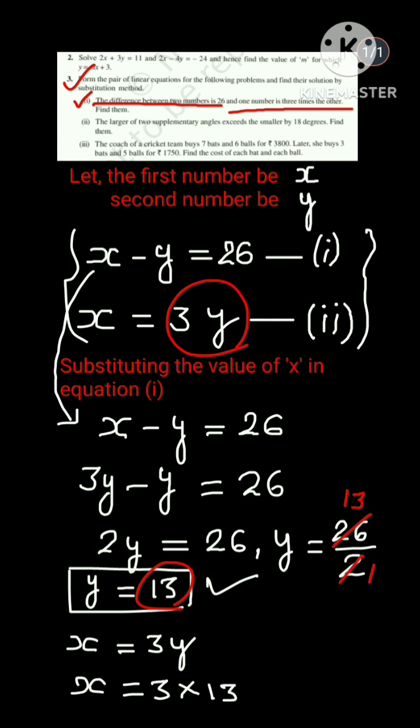So the value of x will be 13 3s are 39. In this way we have obtained the value of x and y. X equal to 39 and this is our first number, and y equal to 13, this is our second number. This is our final answer.